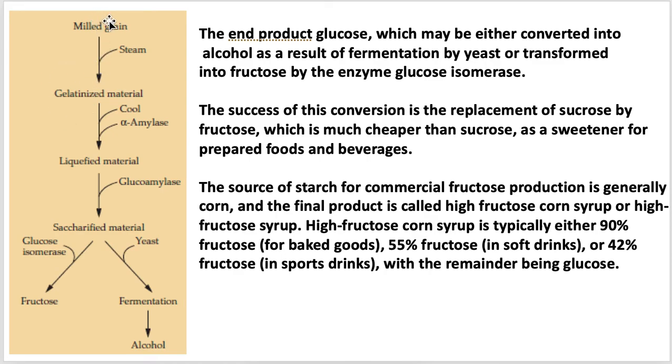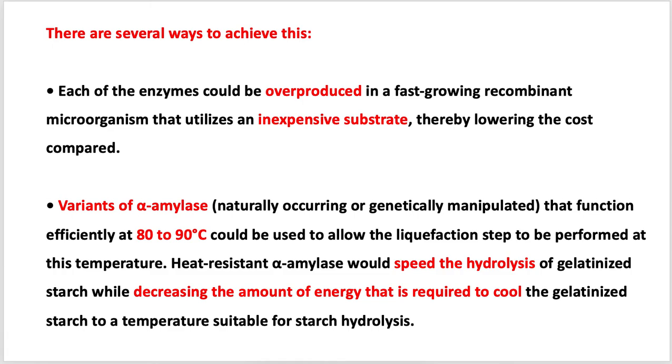From the milled grain, we first have to do the gelatinization, then do the further enzymatic process. But if we can engineer an enzyme which doesn't need gelatinization, which can directly transform the milled grain into liquefied material, then again it will help to reduce the cost. So these are some potential approaches that we can take through recombinant DNA technology, and if we are able to do that, then we will be able to reduce the cost.